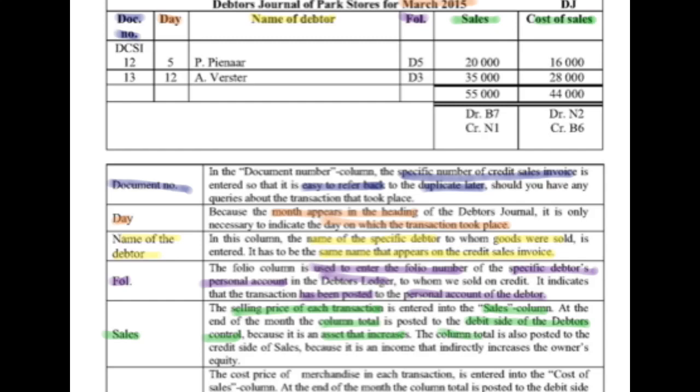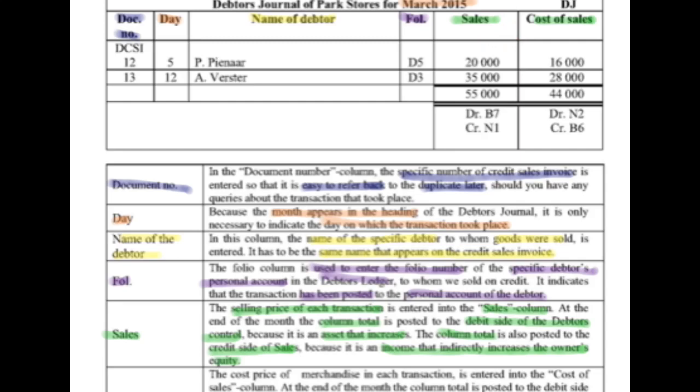The column total is also posted to the credit side of sales, because sales is an income that indirectly increases the owner's equity. So in other words, this column will be posted to debtor's control on the debit side and sales on the credit side.